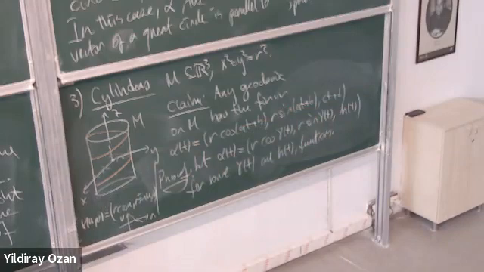Now let's see what the functions gamma and h should be for alpha to be a geodesic on the cylinder. All right, so let's see that.